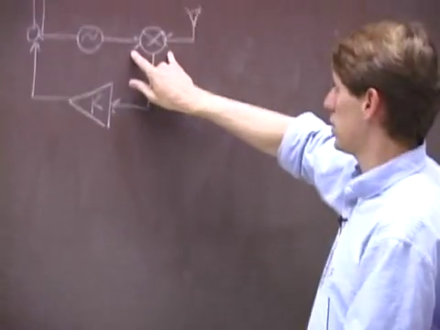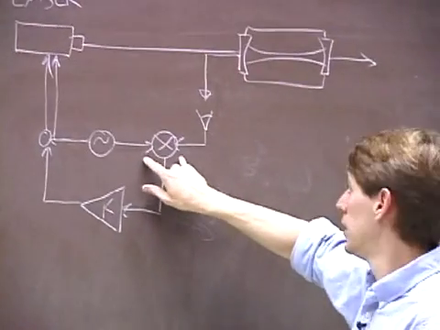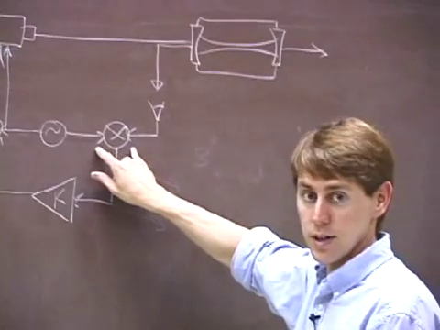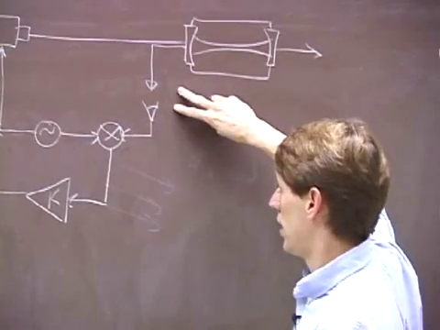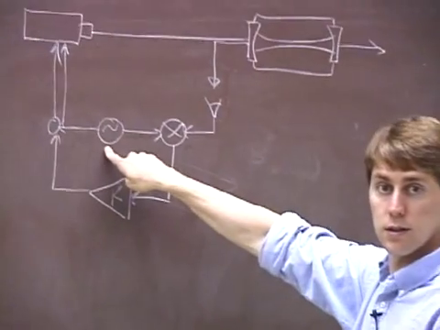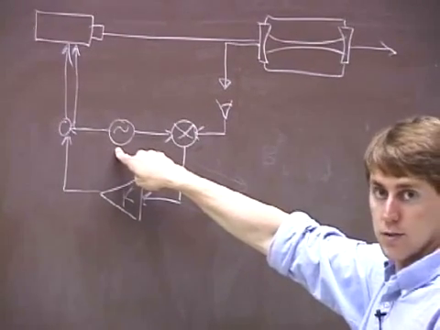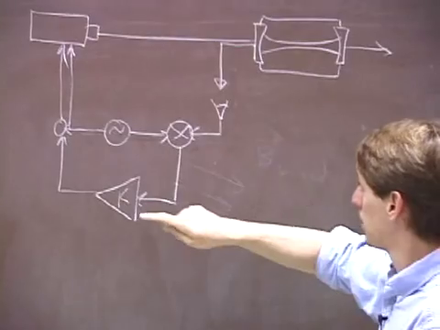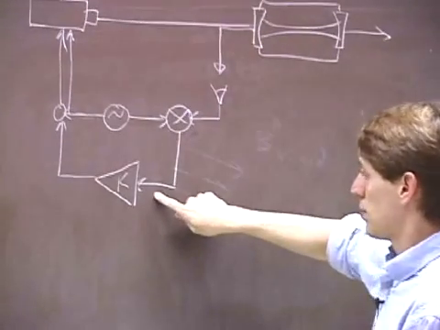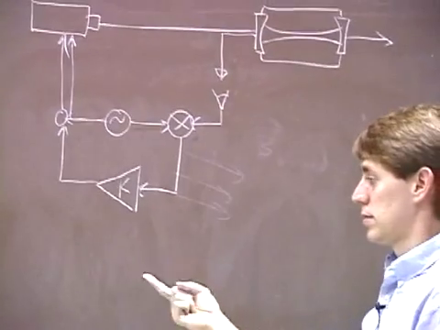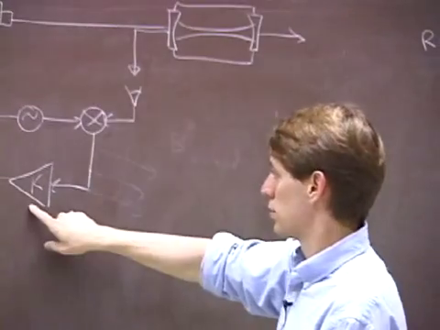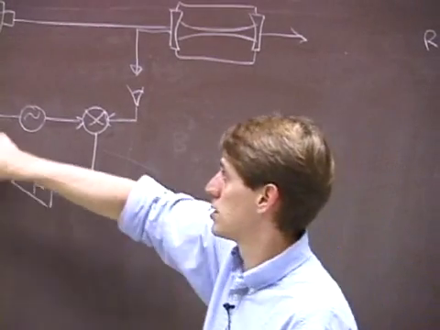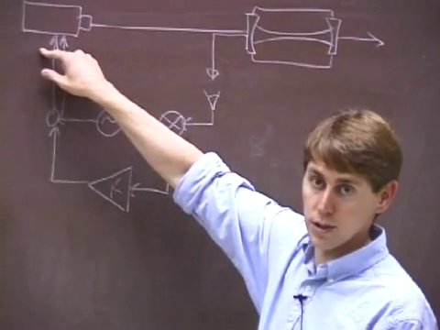And those two go into a mixer and get multiplied. And the output of the mixer, the product of those sine waves, depends on whether this sine is flipped or not relative to this modulation signal. And then that output, which is either positive or negative, depending on the side of resonance you're on, then goes through some servo amplifier and goes in to act at a lower frequency on the laser.